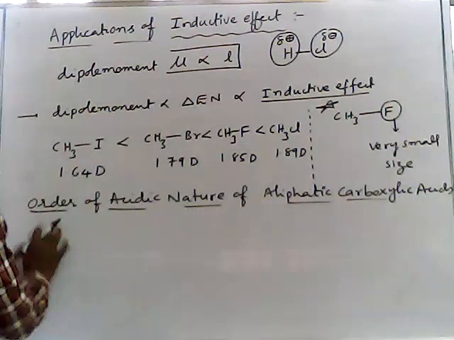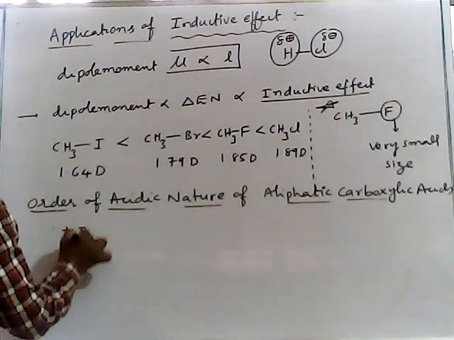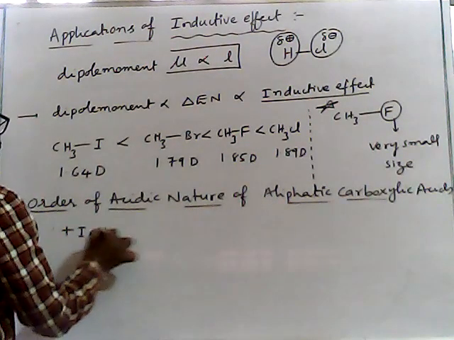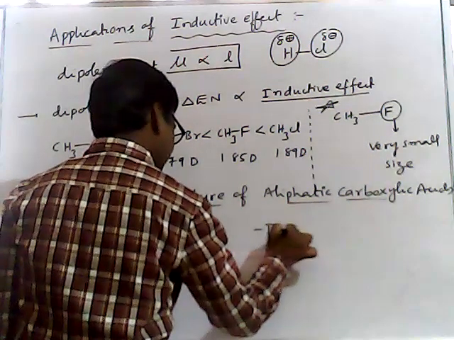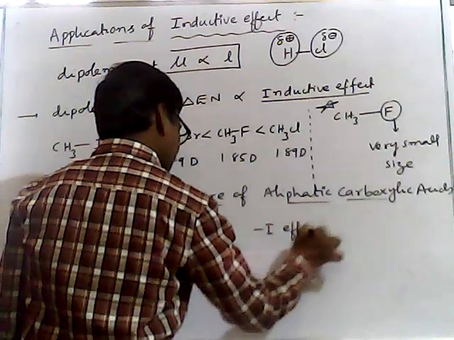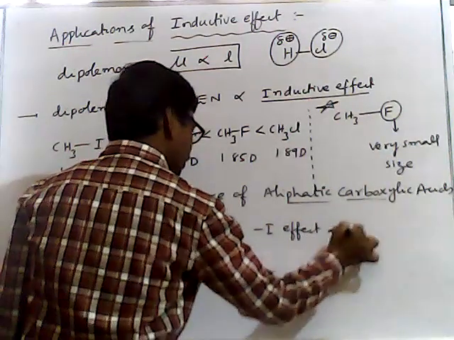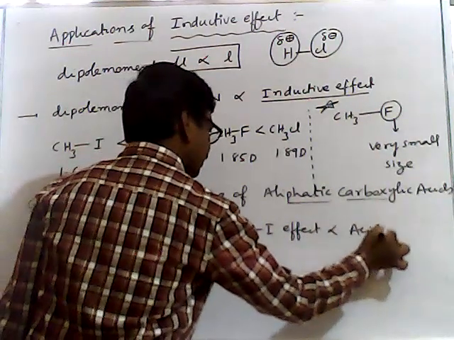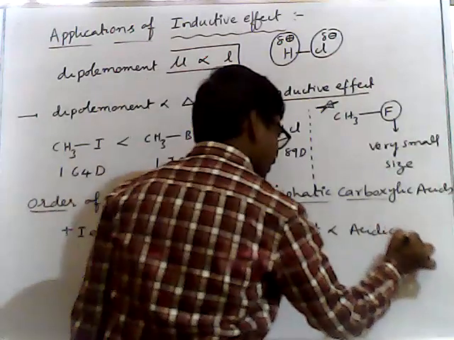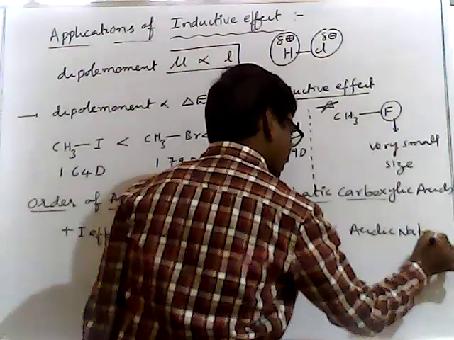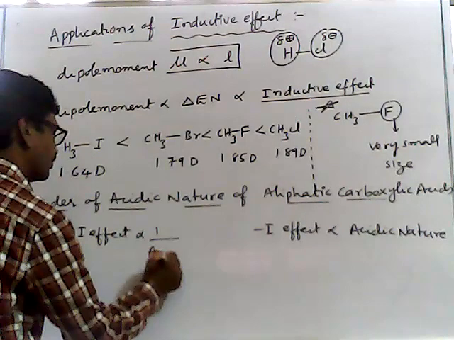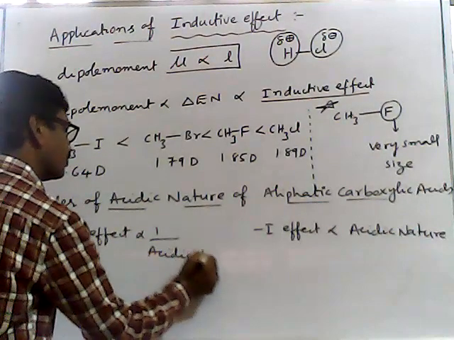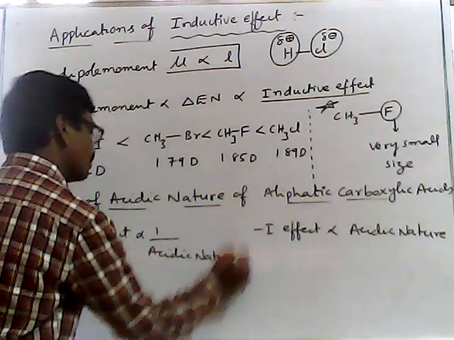Here plus I effect, and here minus I effect. Minus I effect is directly proportional to acidity or acidic nature. Plus I effect is inversely proportional to acidic nature. This we have to remember.